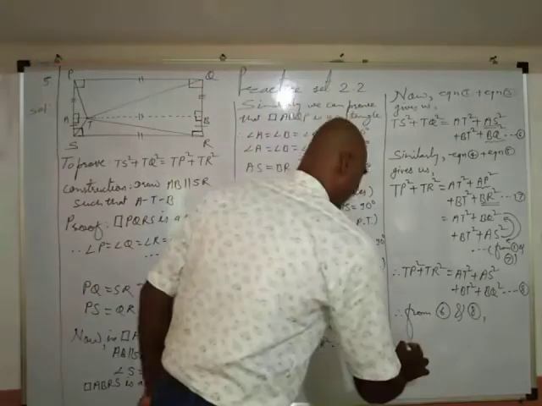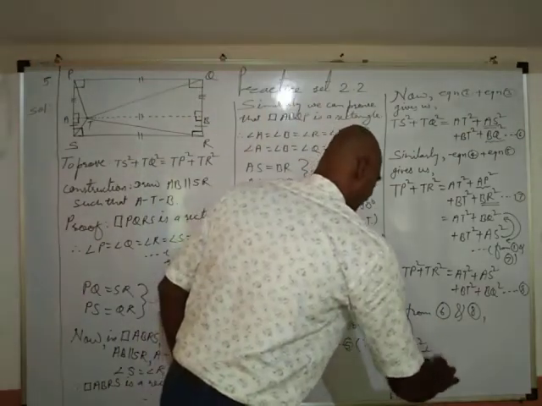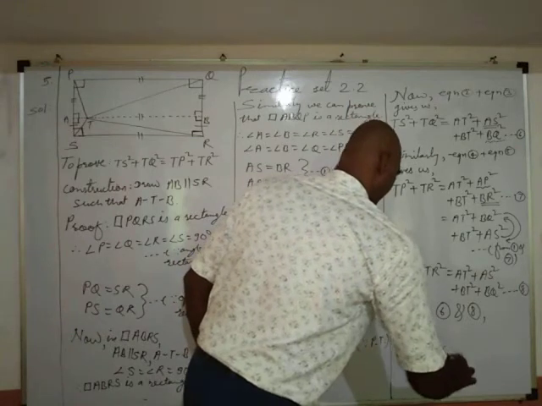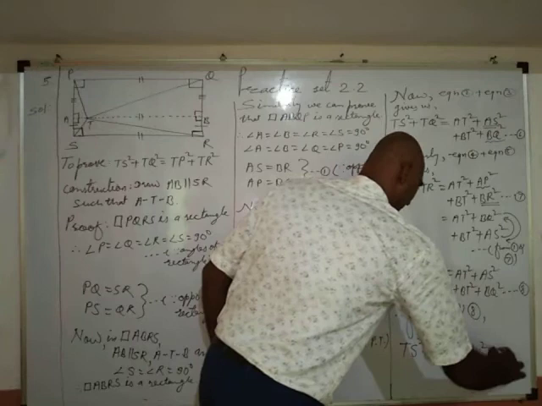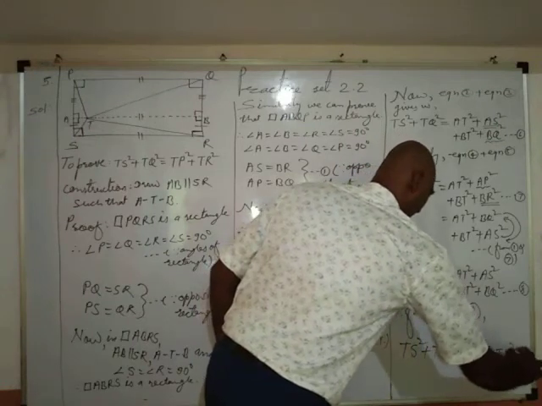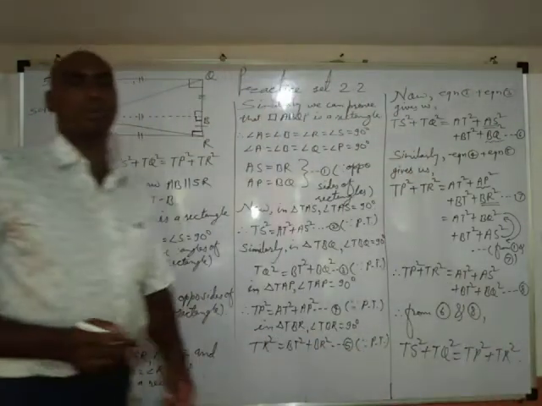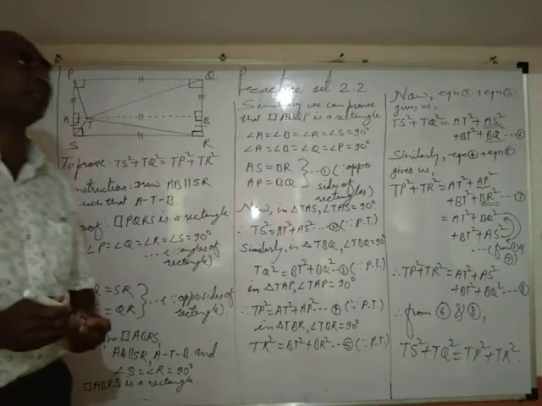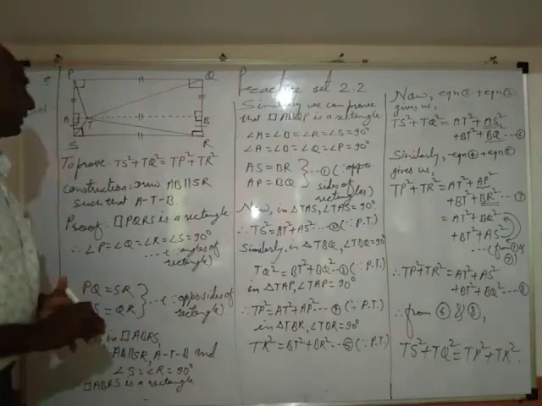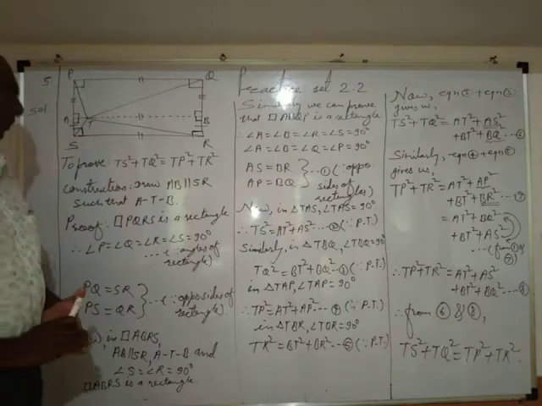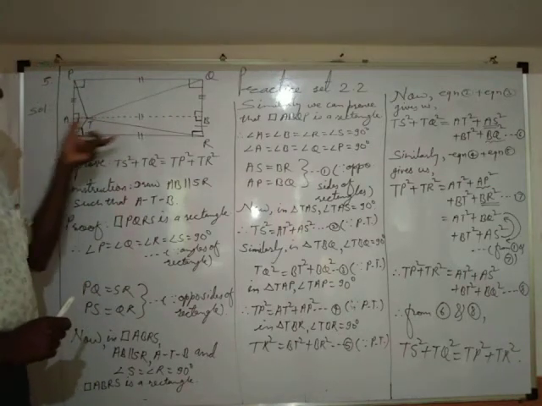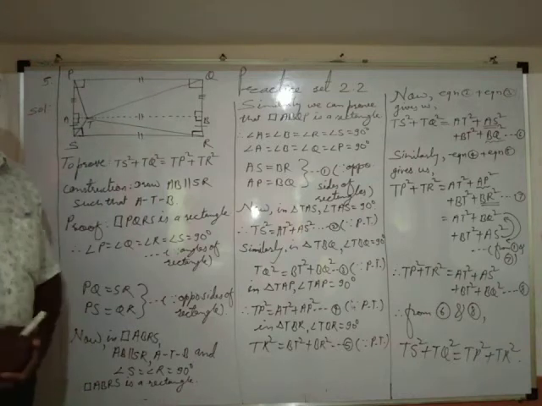That is, TS square plus TQ square must equal TP square plus TR square. Now this is one method to prove TS square plus TQ square equals TP square plus TR square, by drawing AB parallel to SR.